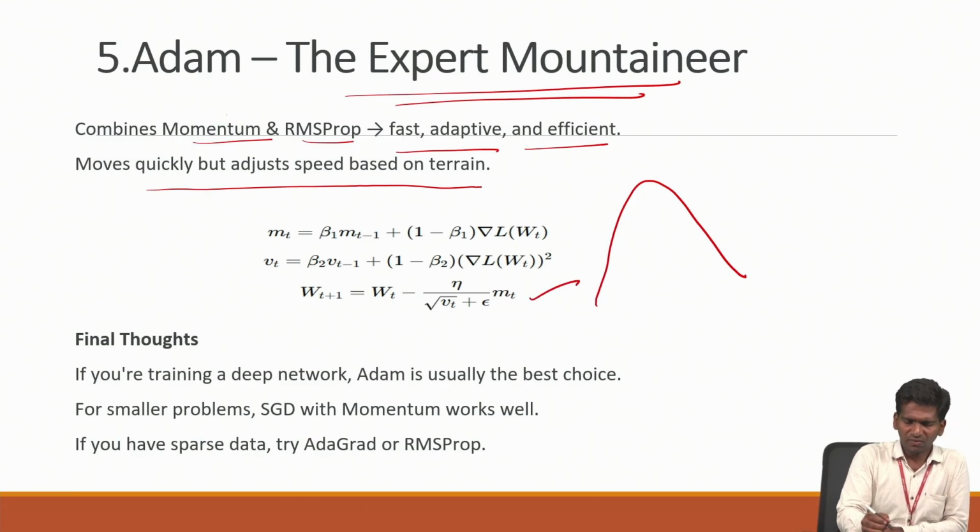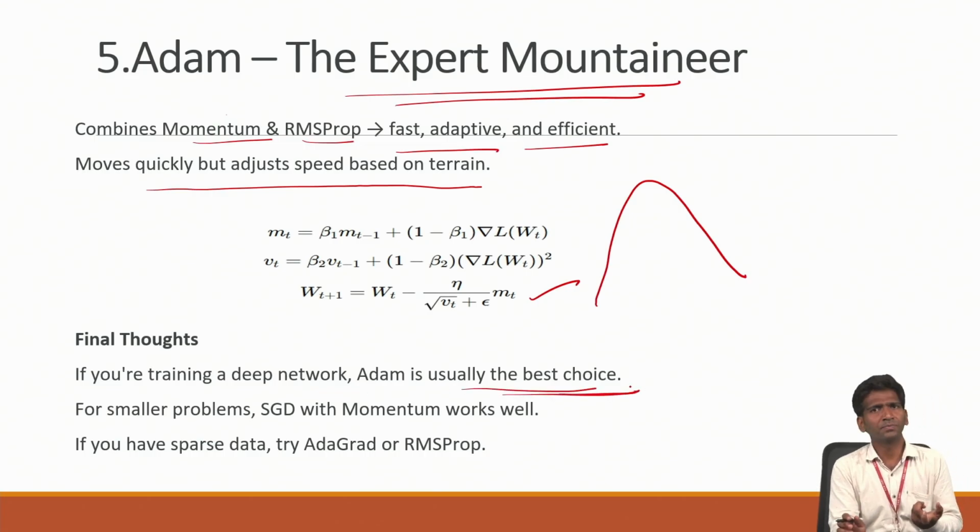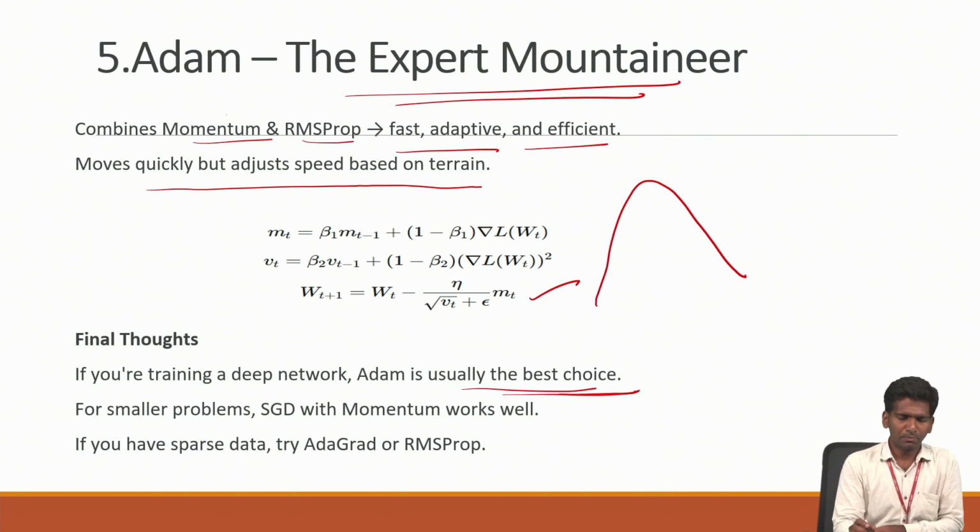So the final thoughts we can take from the Adam optimizer: if you're training a deep network, Adam is the best choice out of all the five optimization techniques. Adam is the best choice, because it is an expert mountaineer, it knows.